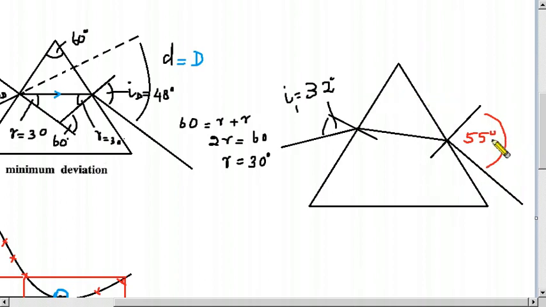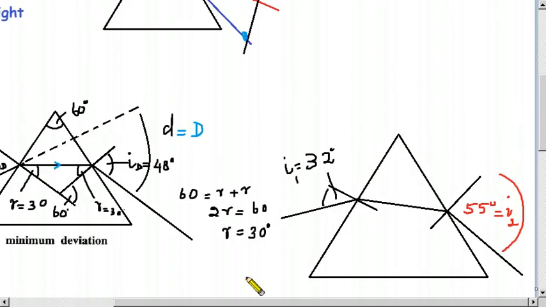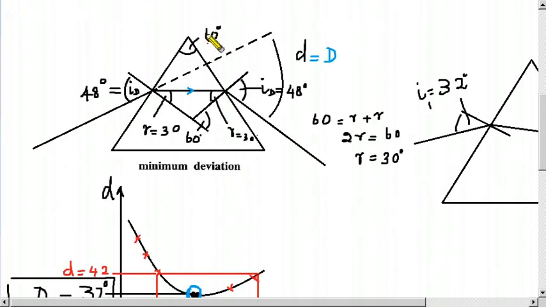So this one we called I2, this angle. But if it is minimum deviation, it has no two values called I1, I2, because I1 equals I2, therefore we take without 1 and 2, just I.